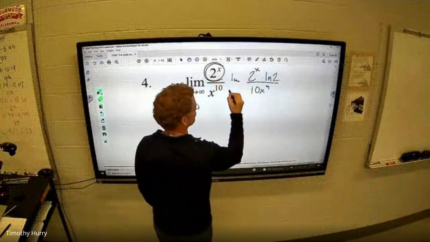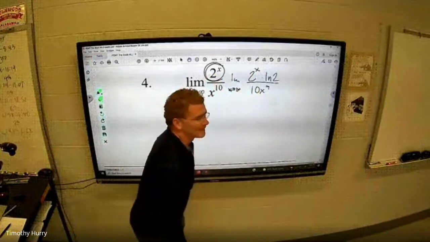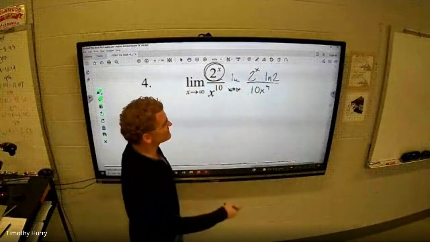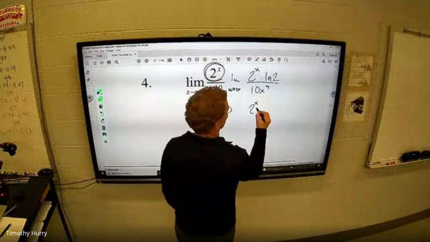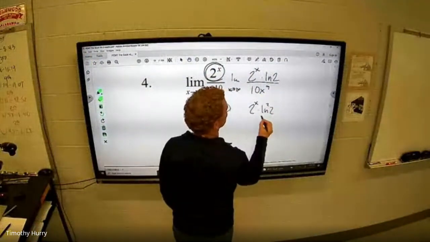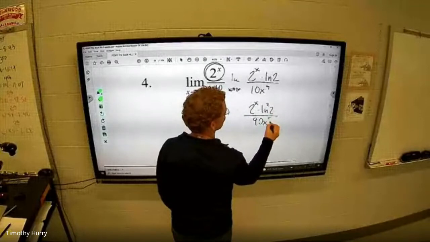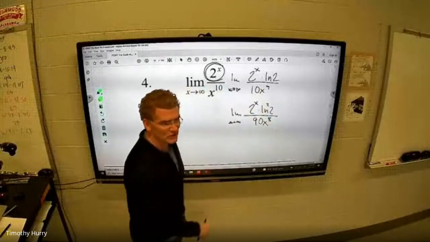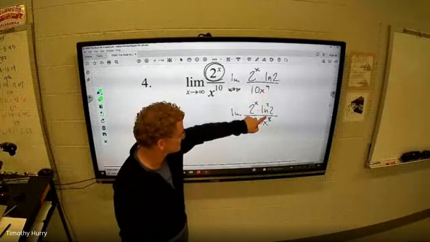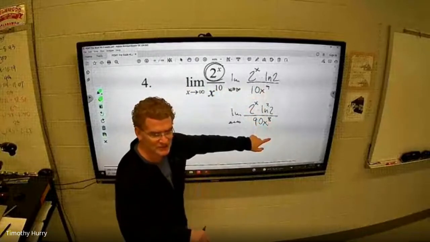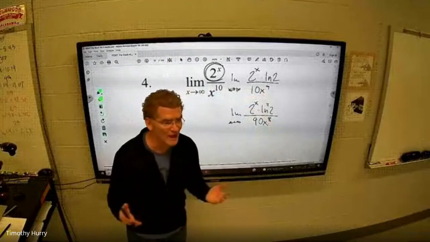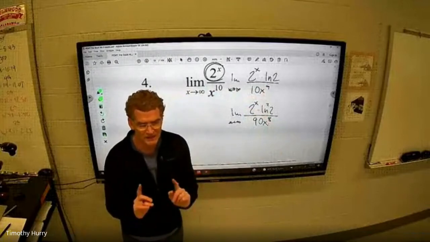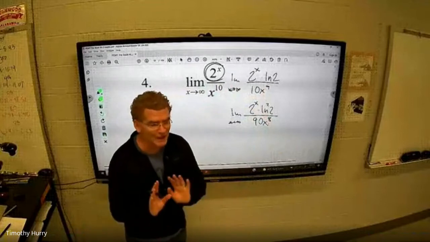And then when I redo my limit, guess what happens? It's still infinity over infinity. But as I keep doing L'Hopital's rule, 2 to the x times natural log of 2 squared over 90x to the 8th, and then you do your limit again. But you notice every time you do L'Hopital's rule, what do you see about this power? It keeps decreasing. Eventually, it gets to where there's no x, and you've got infinity over a constant, which you know is infinity.